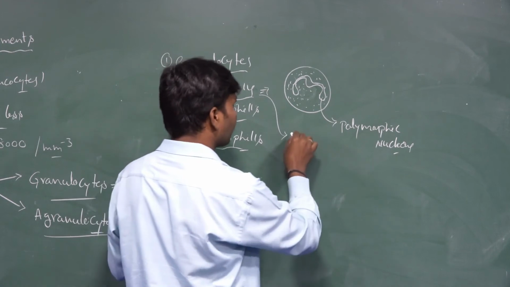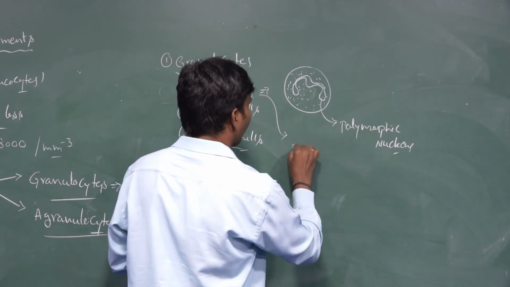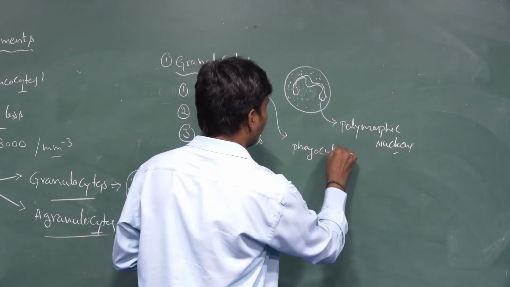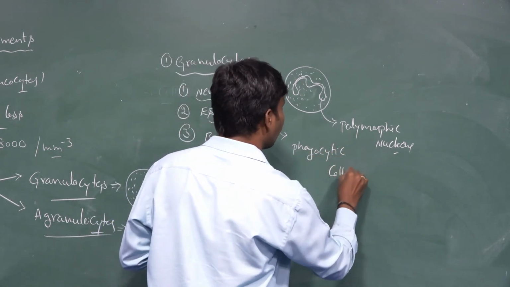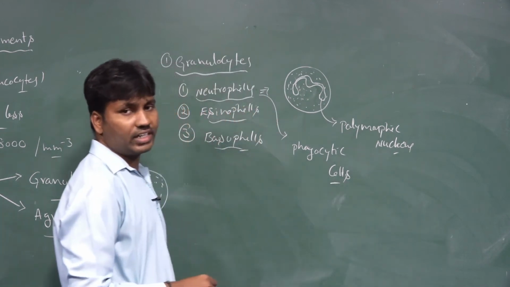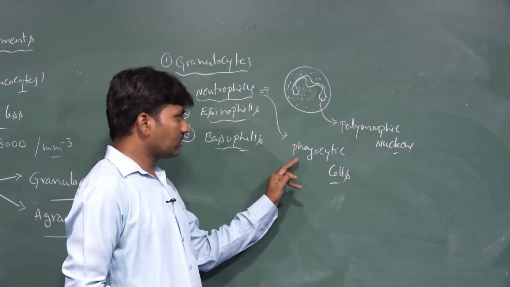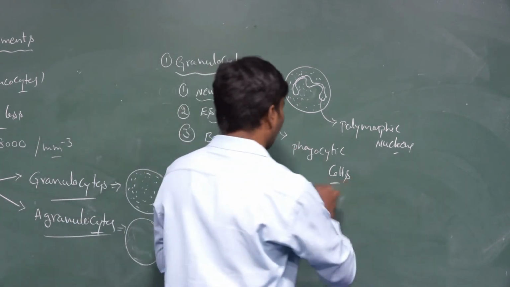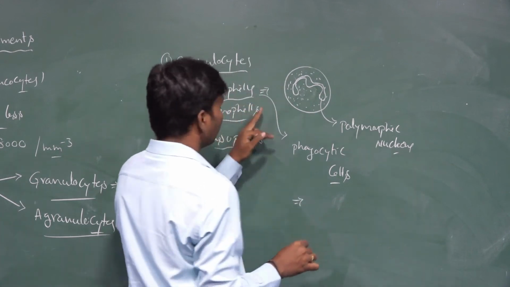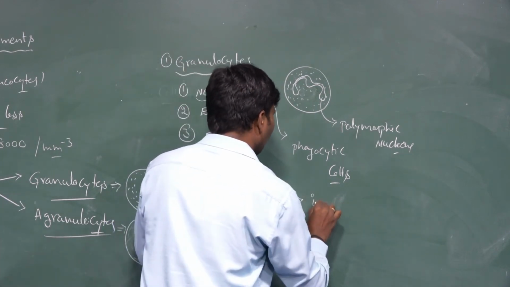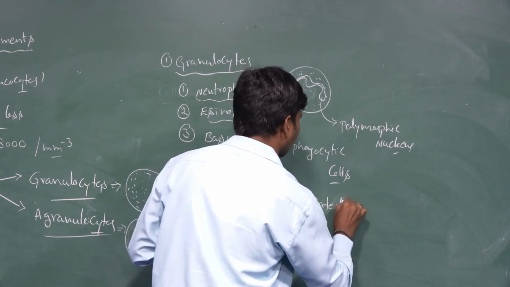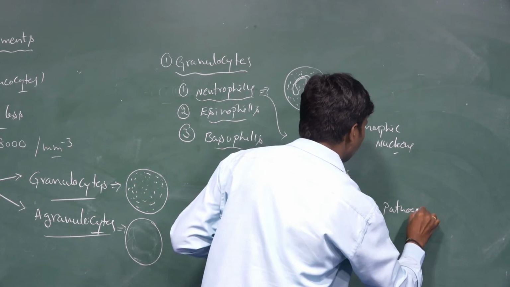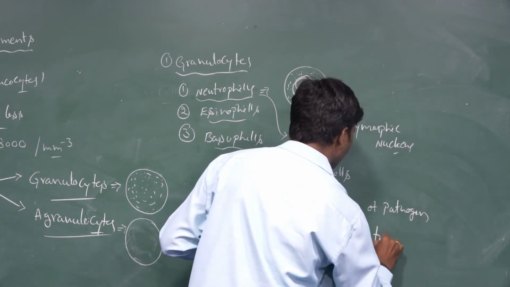Neutrophils are phagocytic cells, phagocytic in nature, so they perform phagocytosis, and mostly they are involved in infections by pathogens in tissues.